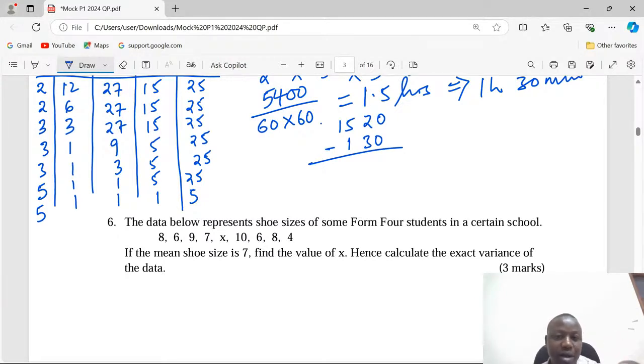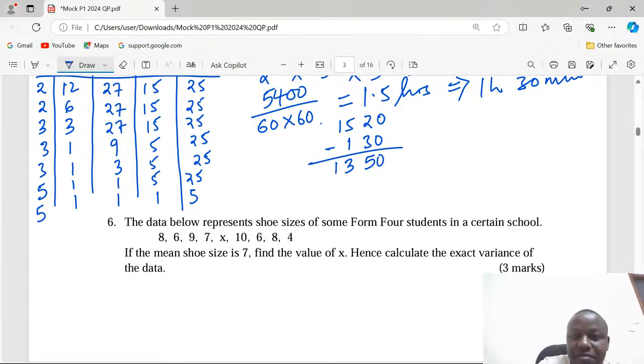So we carry 1 hour from 15. When we carry 1 hour, 20 minutes will become 80 minutes. 80 minus 30 becomes 50. Then we have 14 on the hour side. 14 minus 1 gives us 13.